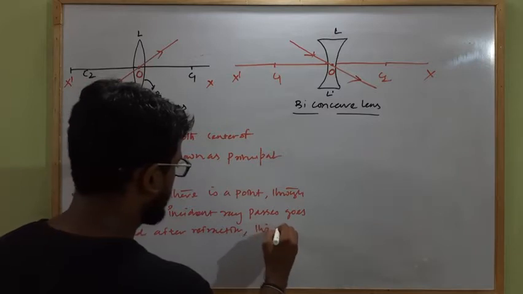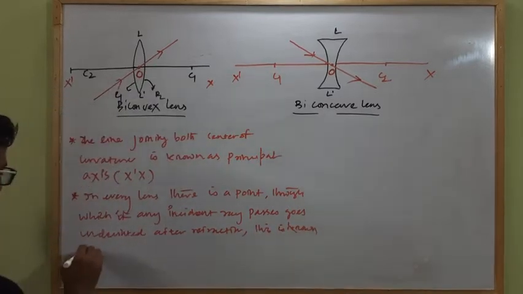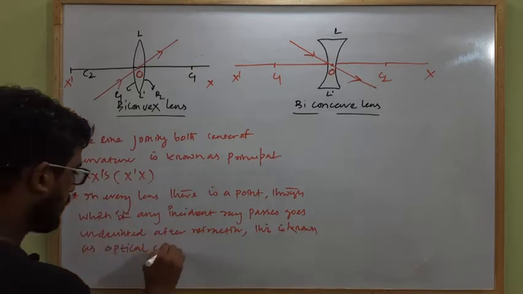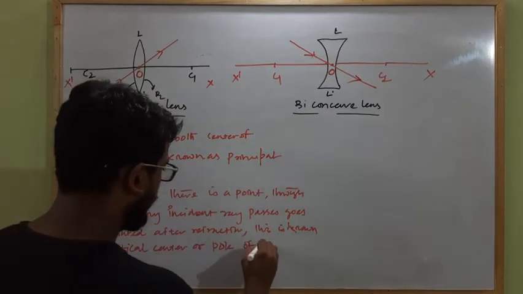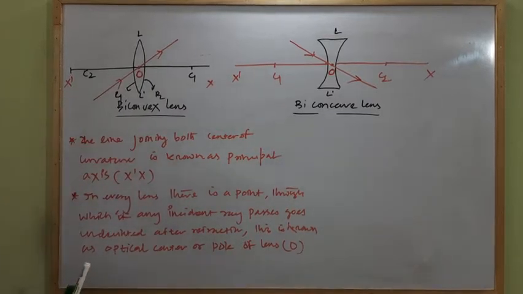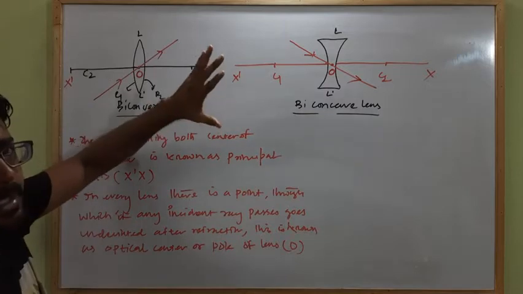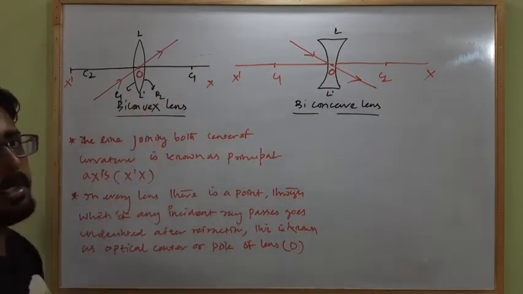This is known as optical center or pole of lens, denoted by O. Clear? There is a single point, any incident ray passing through that point goes undeviated after refraction, that is known as optical center or pole of lens, which is denoted by O.